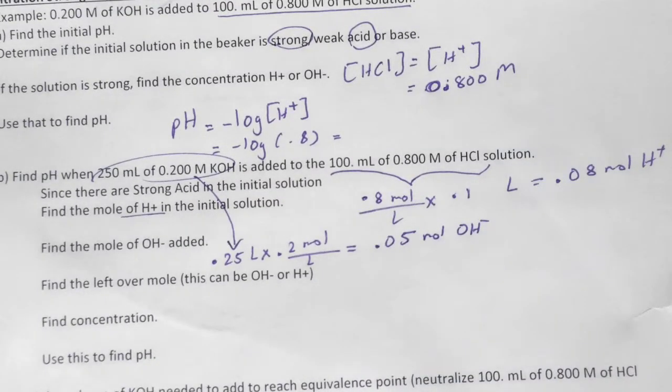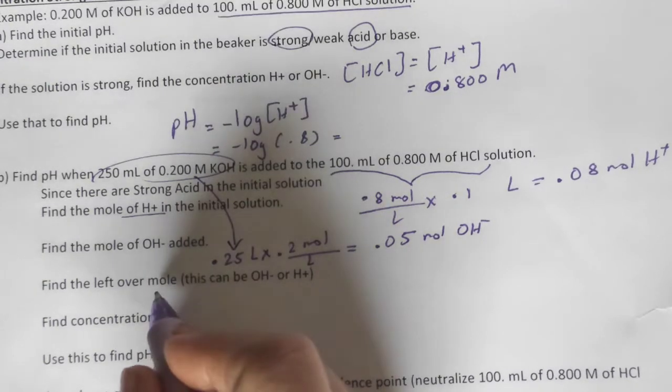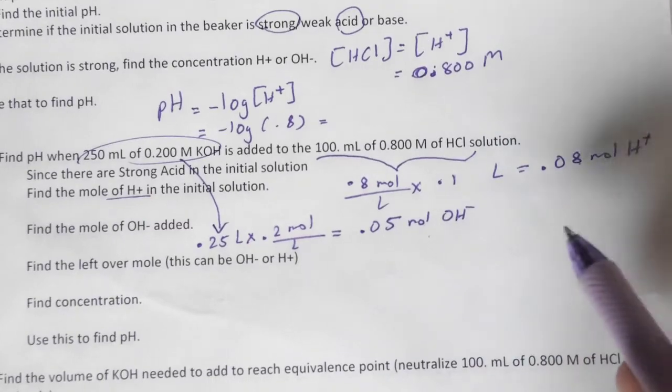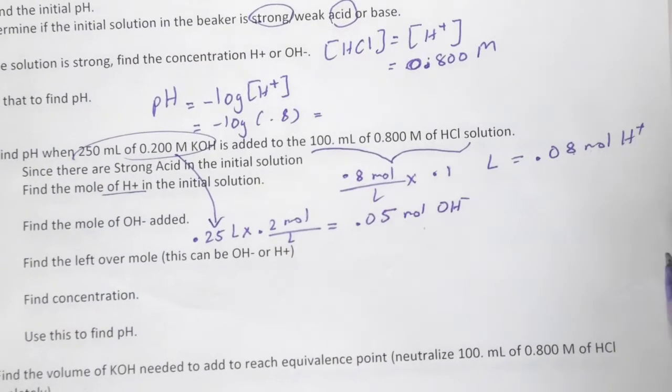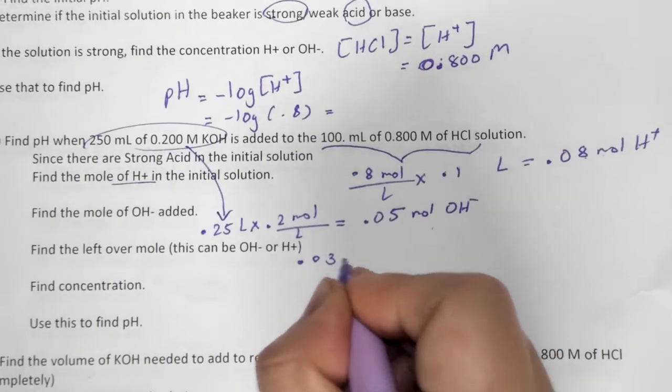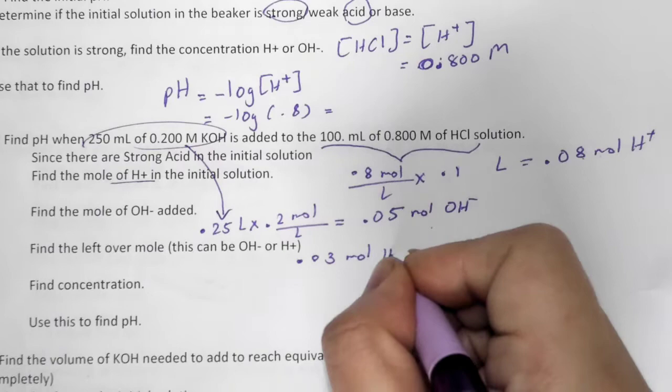Okay, so what's gonna happen next? Next is to find the leftover. Always make sure you're subtracting so that you get the positive value, not the negative value. In this case, the leftover is gonna be 0.03 mole of H plus.